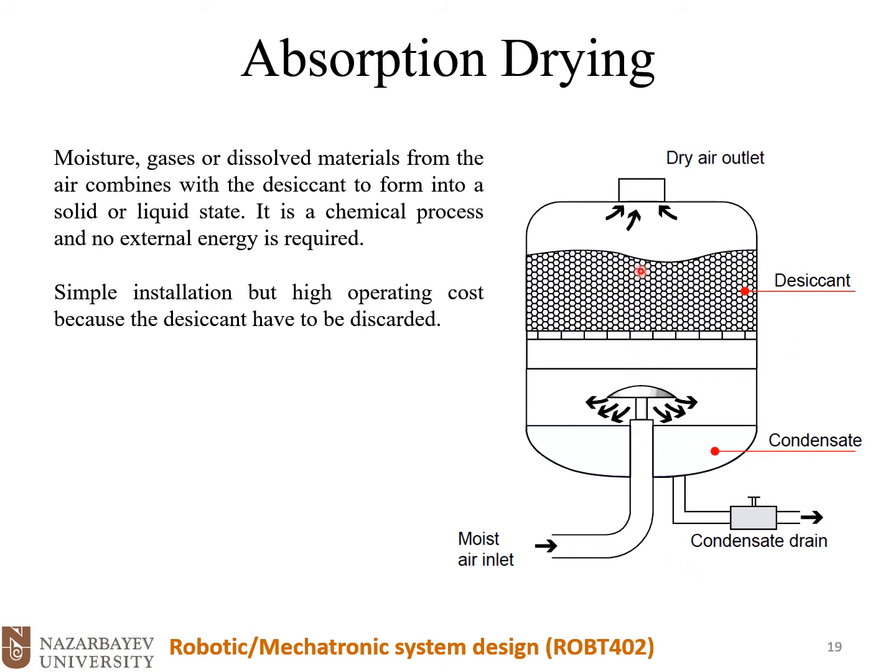However, the majority of that will make a chemical reaction with the desiccant. So we need to change the desiccant, otherwise the absorption drying unit won't work, because the desiccant is already saturated and the whole material already made a chemical reaction.